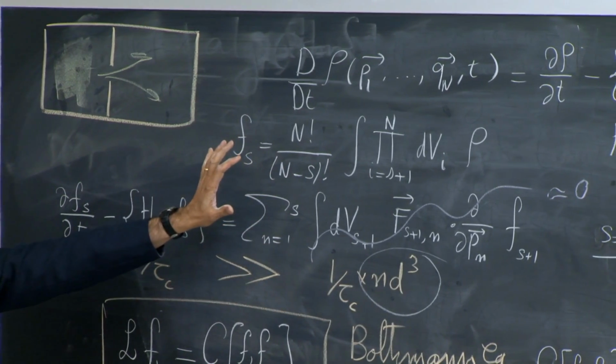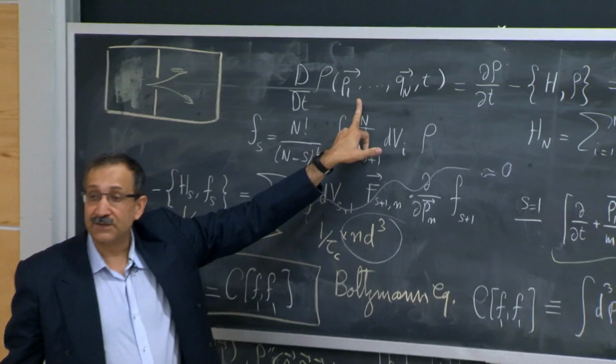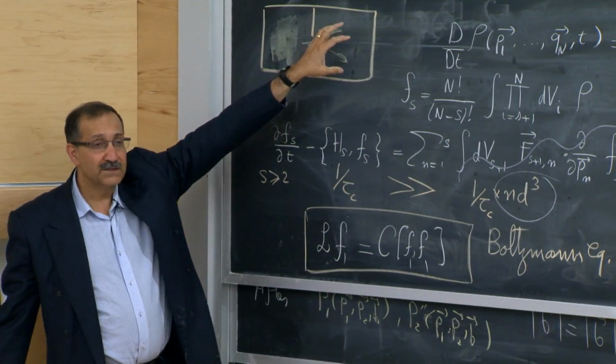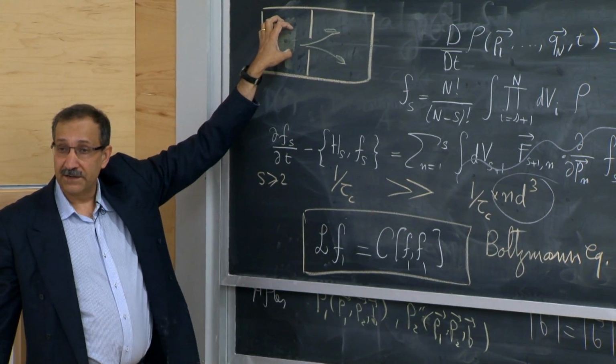Now, that's actually not a bad thing. It is true indeed that these equations are reversible. And there is a theorem that if you wait sufficiently long, this will go back into here.